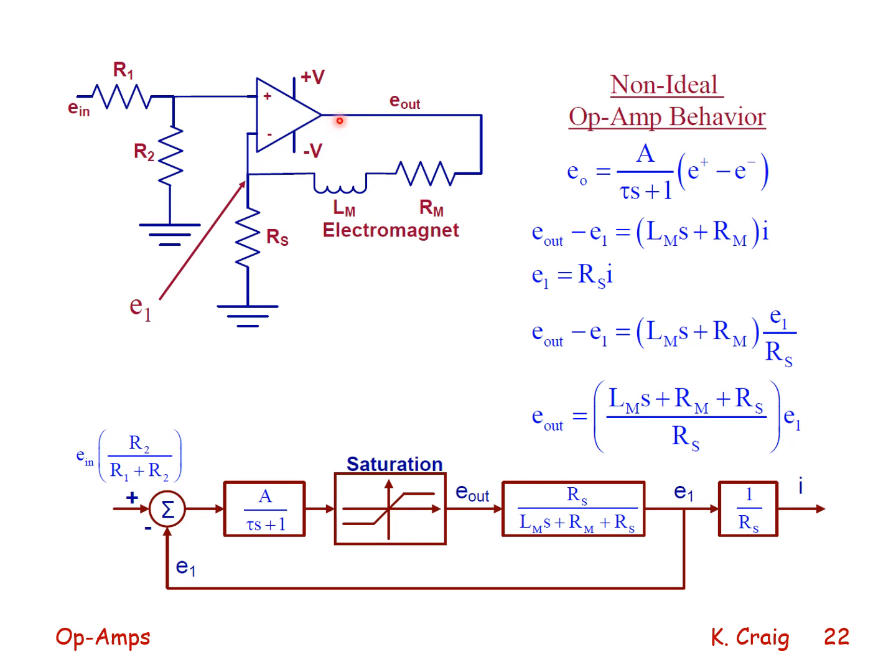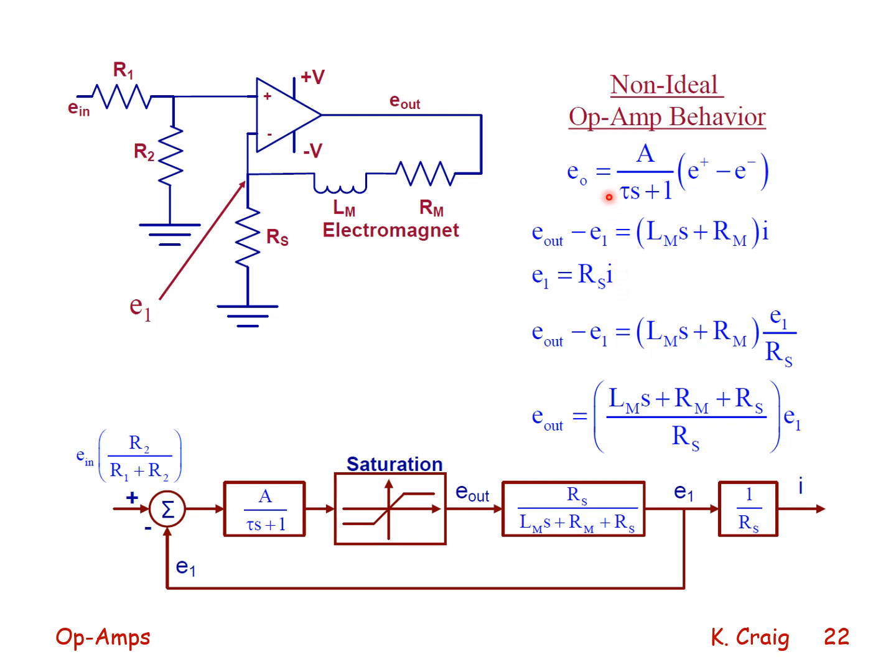E out is related to the current flowing through my LR circuit, my electromagnet, by the relationship E out minus E1 is equal to LMS plus RM times that current. The current flowing through the electromagnet cannot flow into the op-amp, but must flow through the sampling resistor. So E1 is equal to R sampling times the current.